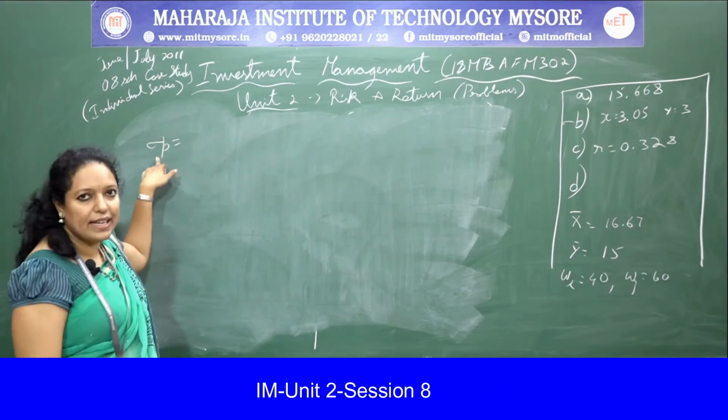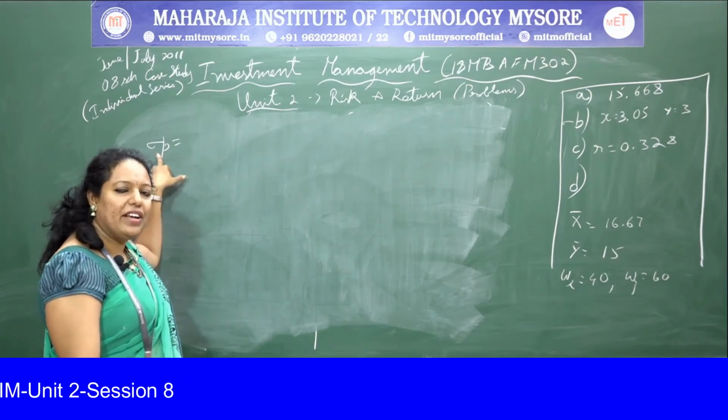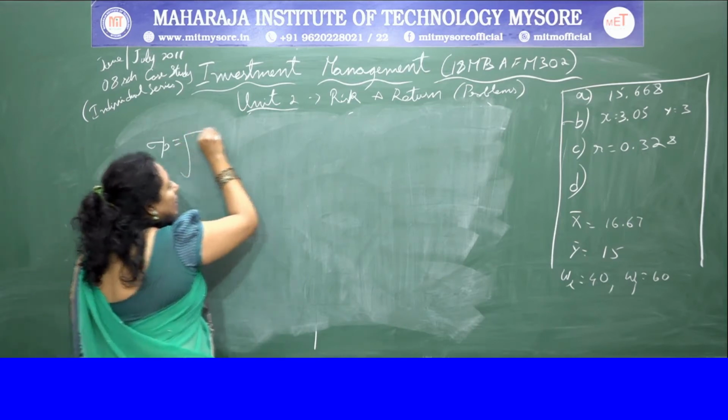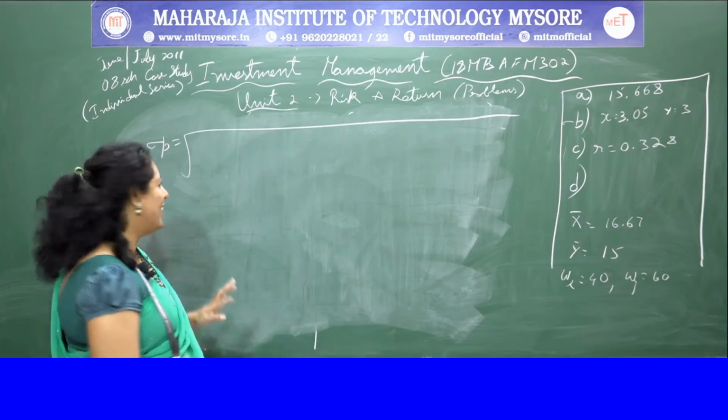Risk is denoted by standard deviation. P means portfolio, and standard deviation I means of individual securities. This is a lengthy formula, but an easy one. You can remember that.